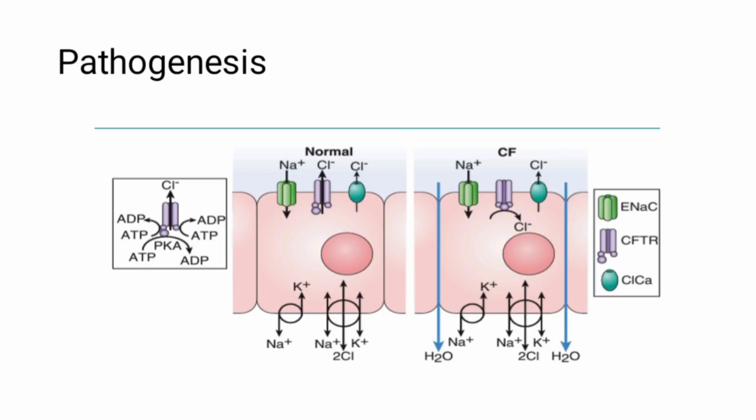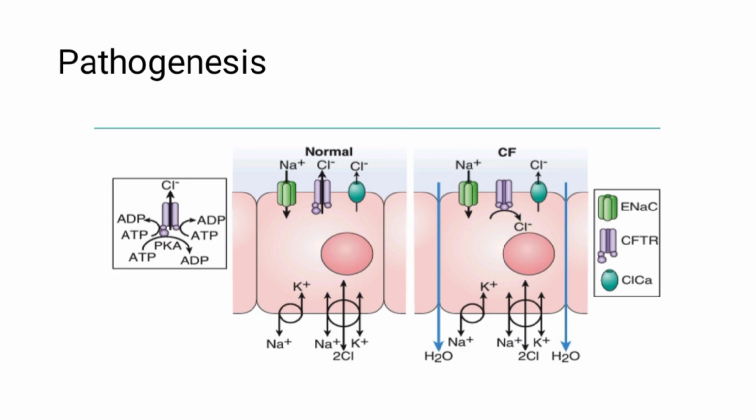If we want to understand the pathogenesis of cystic fibrosis, normally, shown in violet color, there is a chloride channel, which is an ATP driven channel. The function of this gene is to propel chloride from the cell into the lumen, and not only chloride, it also drives sodium and water.